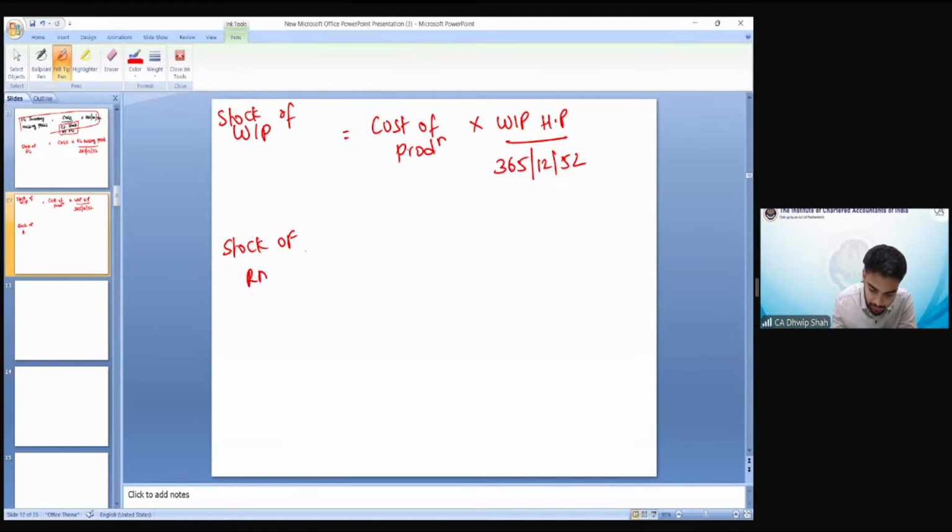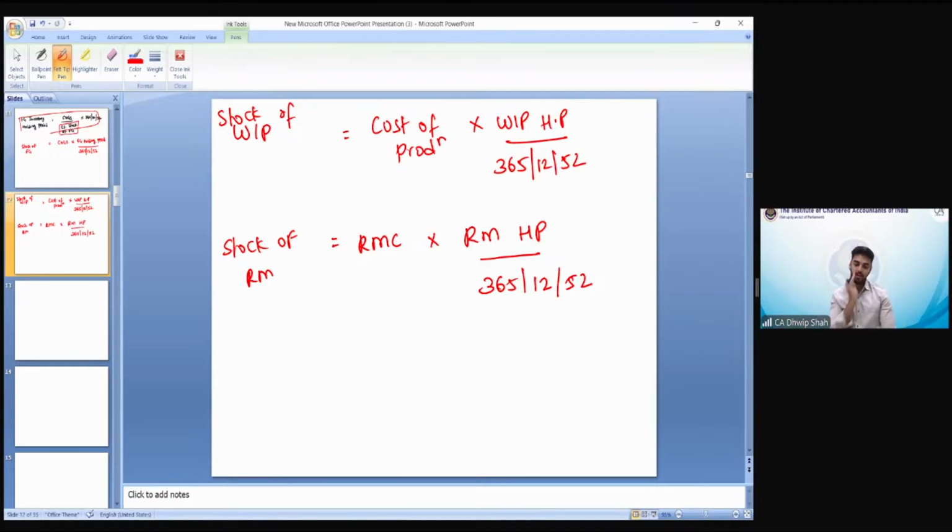Stock of RM is always based on raw material consumption. So the formula would be raw material consumption into RM holding period divided by 365, 12, 52. Okay?